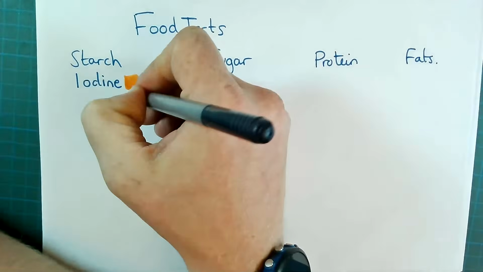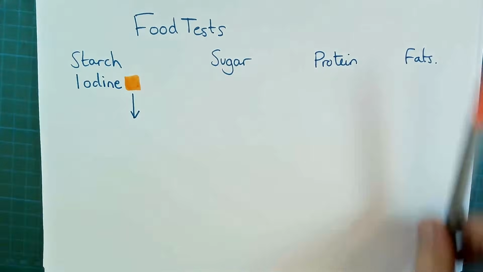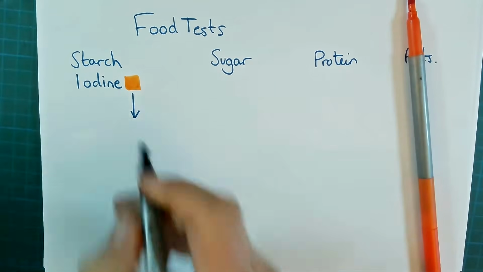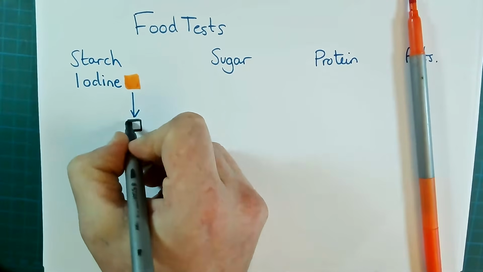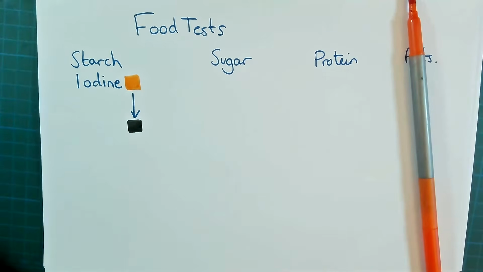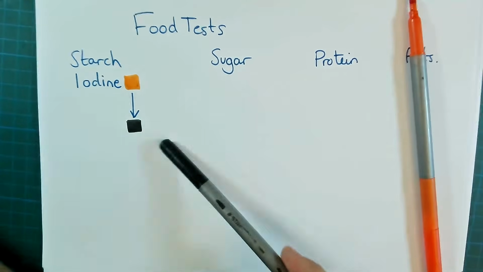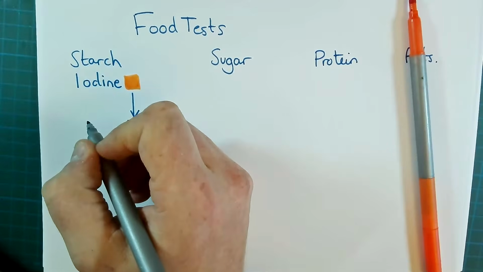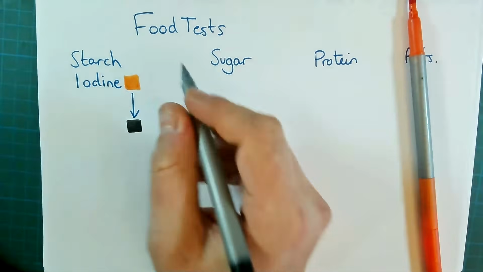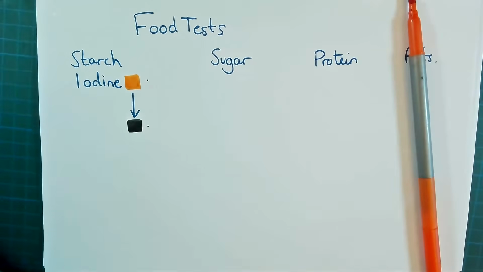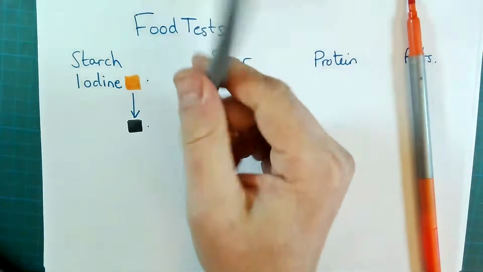Now, when I add it to starch, it goes a dark blue, black. That is orange to blue, black. I don't know, think of a way of remembering that. Orange, blue, black. So if I don't have starch, it will stay orange. If I do have starch, it will go blue, black.